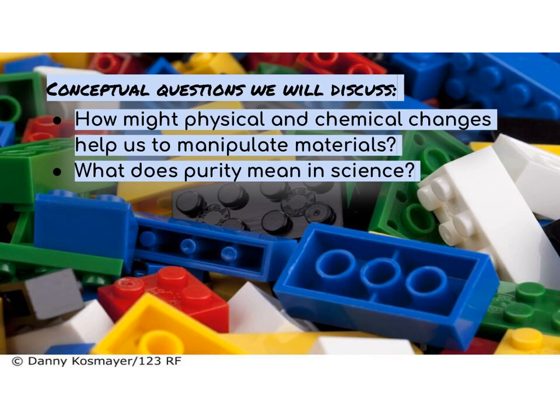However, the main conceptual questions that we will discuss in this chapter are how might physical and chemical changes help us to manipulate materials, and what does purity mean in science?